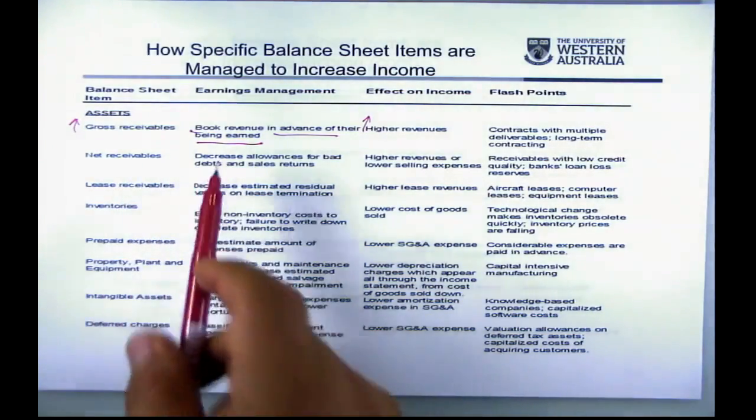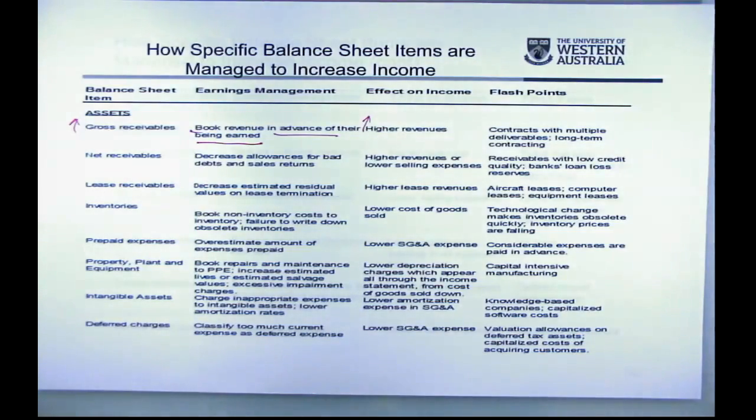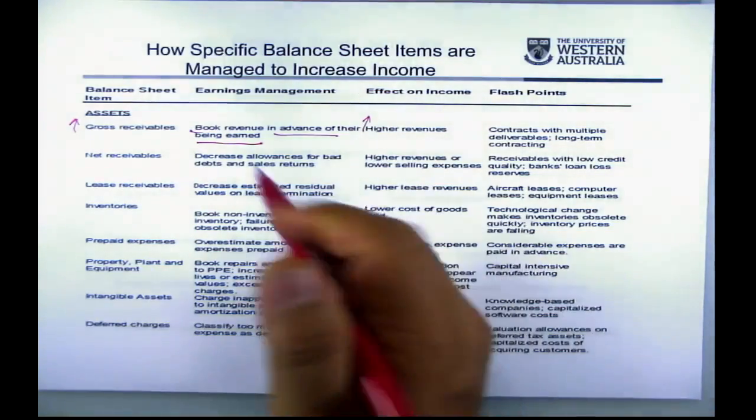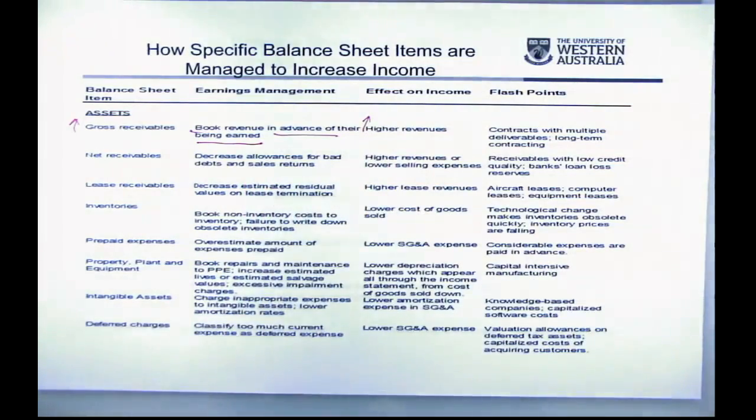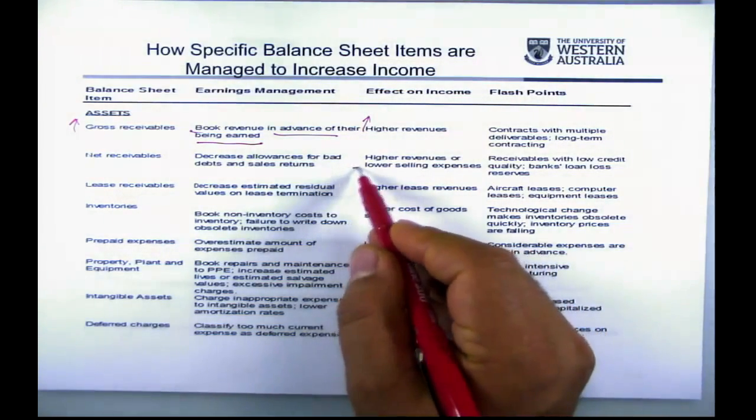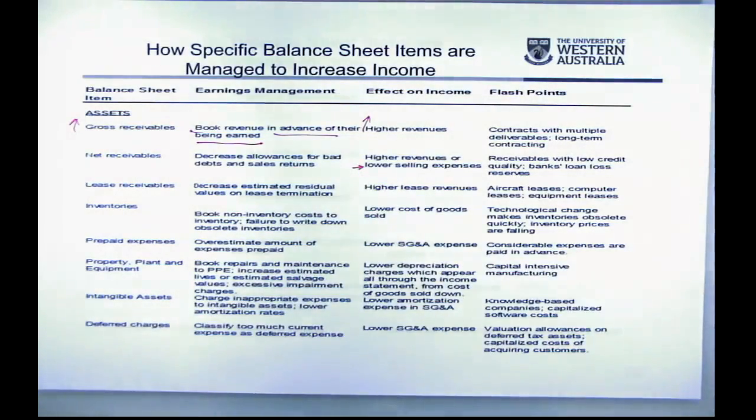Net receivables can also be manipulated by decreasing the allowance for bad debt, right? And decreasing the allowance for bad debt will also be associated with lower bad debt expense, right? And that will, of course, inflate earnings.